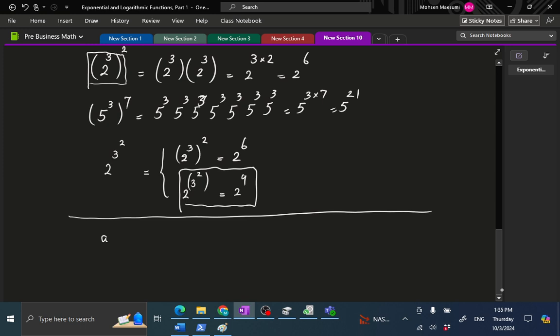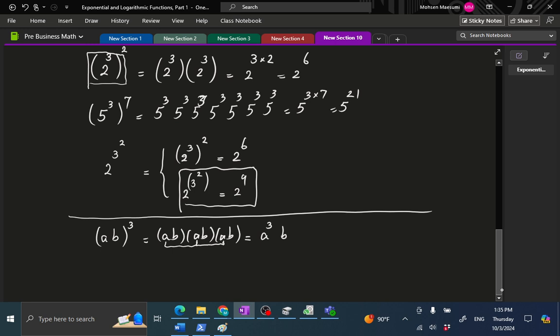Suppose I have ab to the power of 3. What does that mean? It means ab, ab, ab. Again, we understand what the power notation means. It means the base has to be repeated this many times, and they are all multiplying each other. Well, we are going to rearrange, take all the a's and put them together, so that will be a cubed.